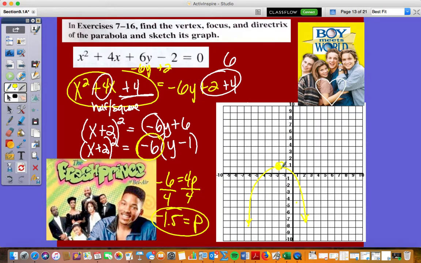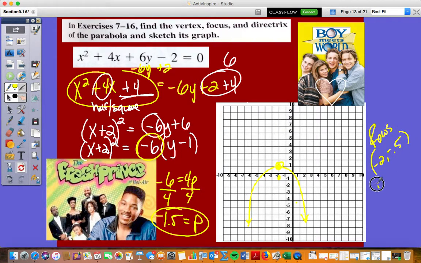It's going down 1.5. You know what that point would be? Negative 2 and negative 0.5. Yeah, that's actually it. Good job. So it would be negative 2, comma negative 0.5. So the focus is here: negative 2, comma negative 0.5.